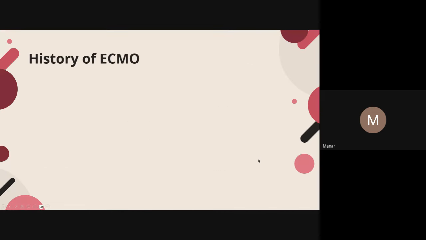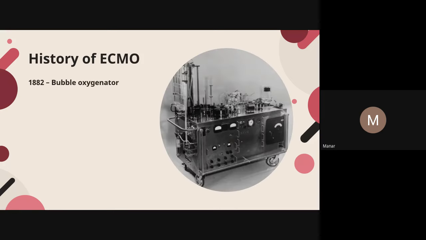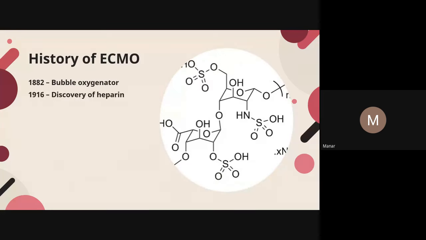But first, I have to talk about the history of ECMO and how we got to the point we're in right now. So it started with the bubble oxygenator in 1882, and then in 1916, they discovered heparin, which was very essential because up to this point, they were having so much trouble with blood clotting and worsening the condition of the patients.